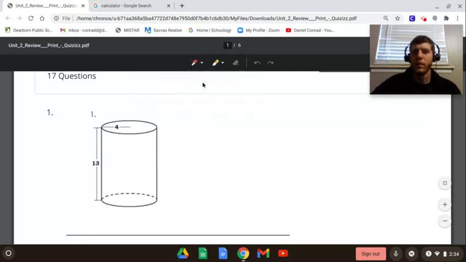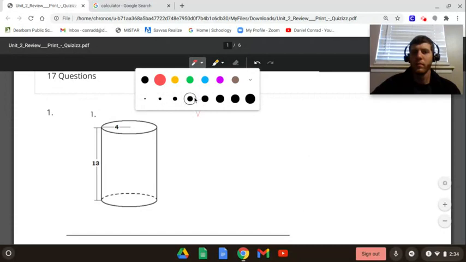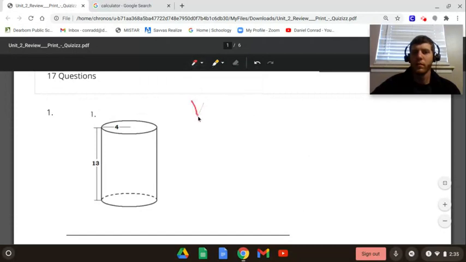So our volume formula for a cylinder was pi r squared h. Okay, so volume is pi. The radius here, the distance from the center of the circle to the edge of the circle, is 4, so that's 4 squared, and then the height is the distance between the two bases.